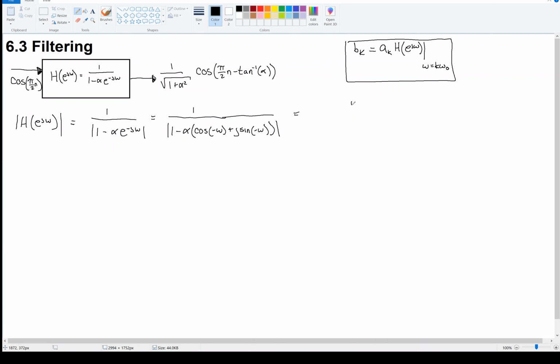Now let me work on that a little bit. Cosine is an even function, so I can just get rid of the minus omega. And sine is an odd function, so I can bring the minus outside. And when I distribute the minus alpha in, it becomes plus.